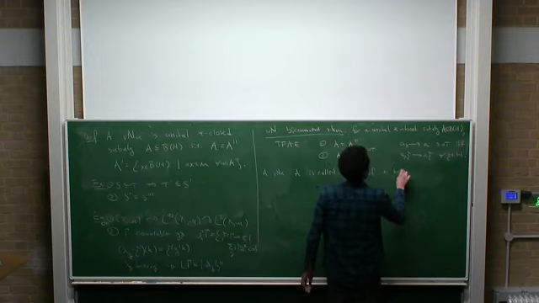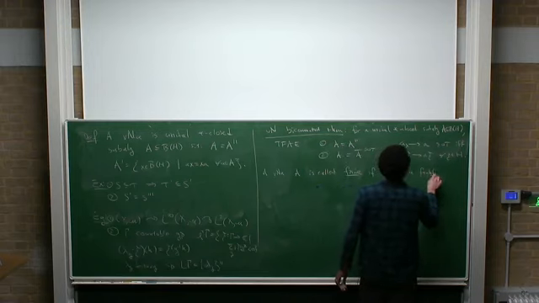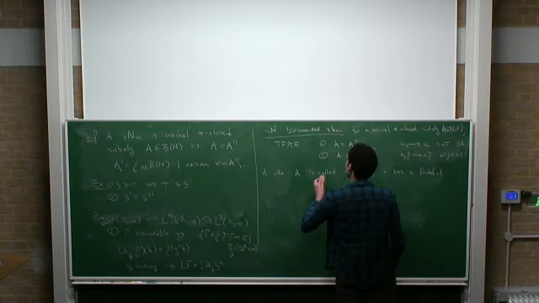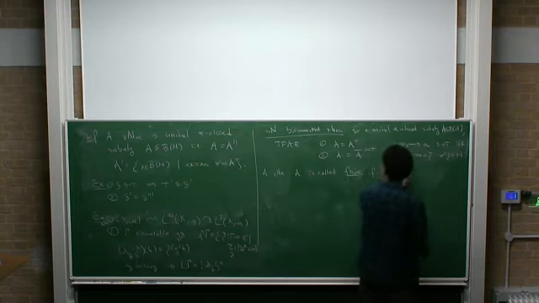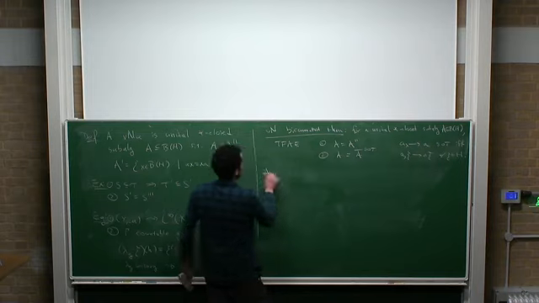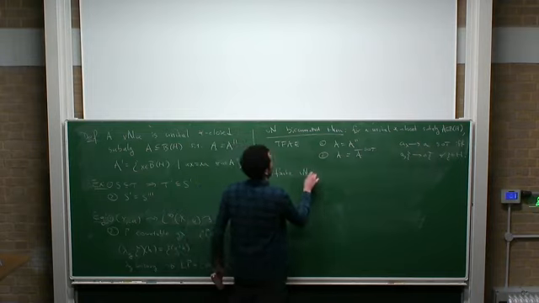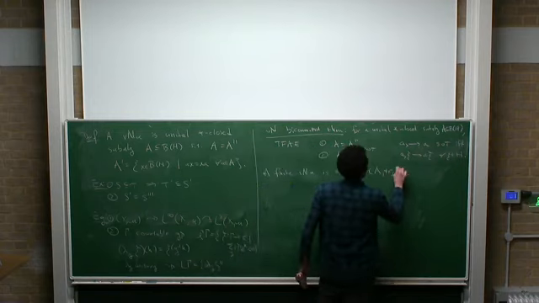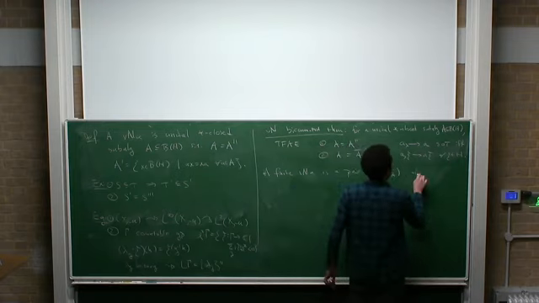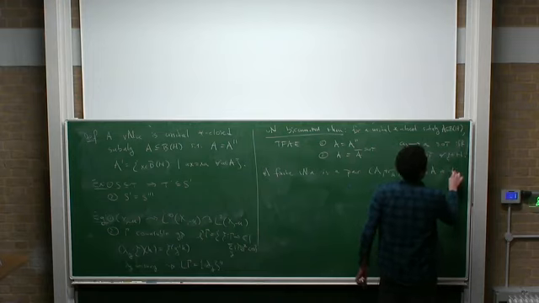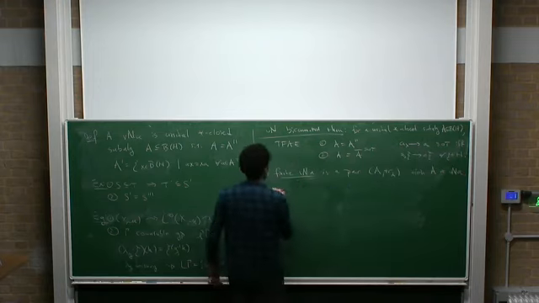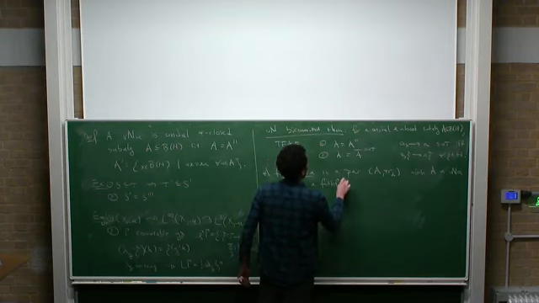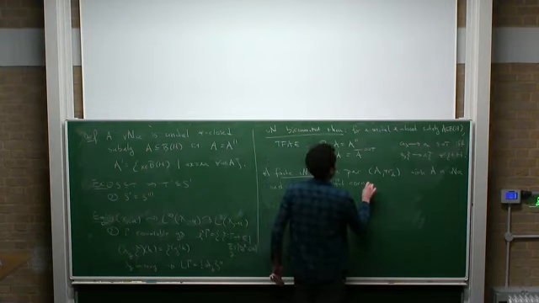We'll say a finite von Neumann algebra is a pair: a von Neumann algebra A and a trace on A, which is a faithful normal tracial state.